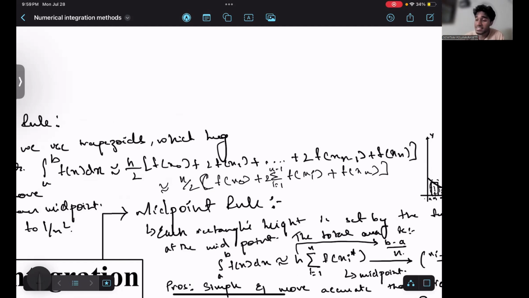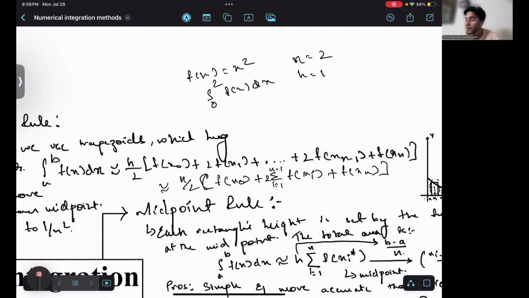Now, if you look at the same example where f of x is equal to x square, and we want to integrate it over 0 to 2, f of x dx, and n is equal to 2, and h is equal to 1, we can find the approximation by plugging the values of the function at x naught, x1, and x2 into this equation.